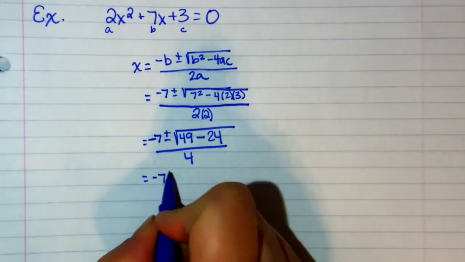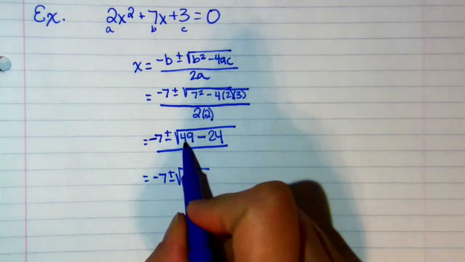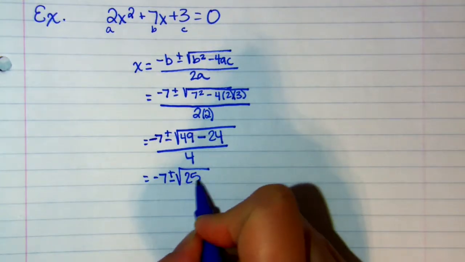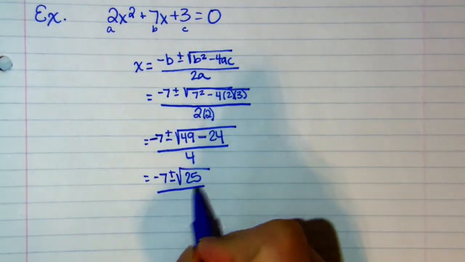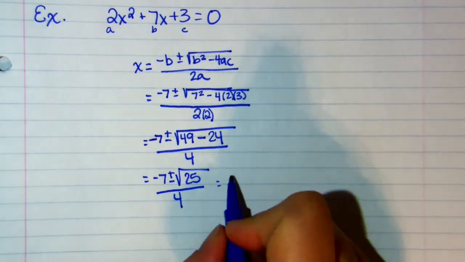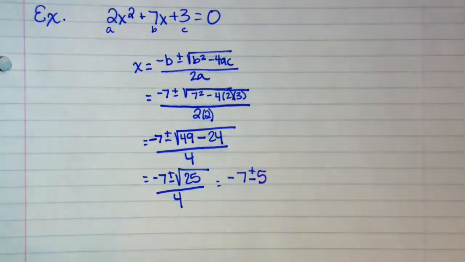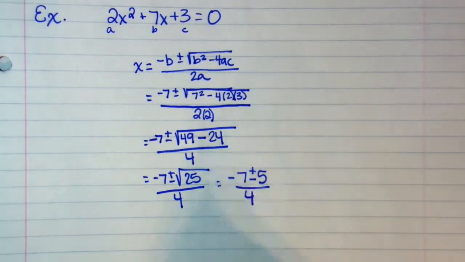Then I put a negative 7 plus or minus the square root of 49 minus 24 is 25. And that's all going to be over 4. And then from here, it's negative 7 plus or minus square root of 25 is 5, all over 4.